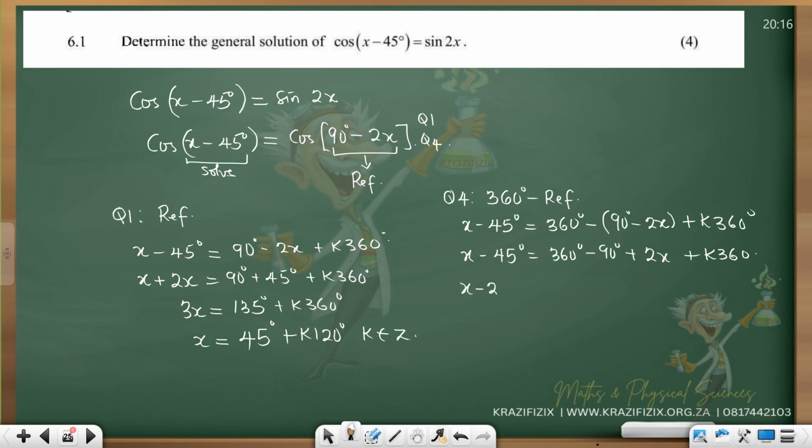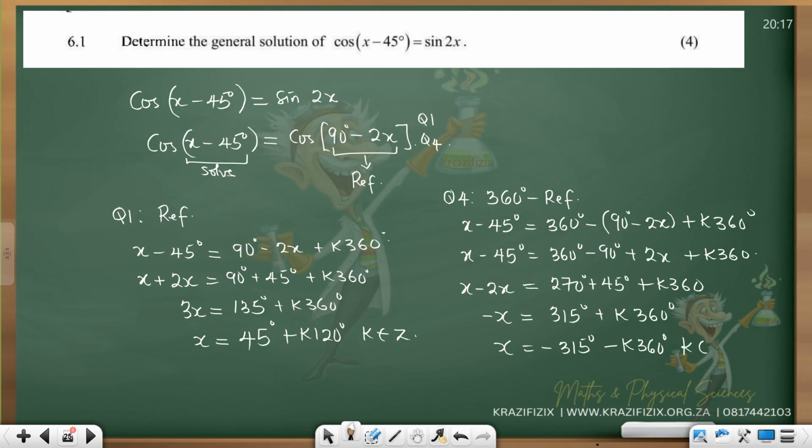Move that 2x over, becomes negative. 360 minus 90 would be 270. Move the 45 over, plus k times 360. We just solve now. Negative x, what would that be? 315. What do we do? Divide by negative 1. Becomes negative 315 minus k times 360. And k being an element of integers.